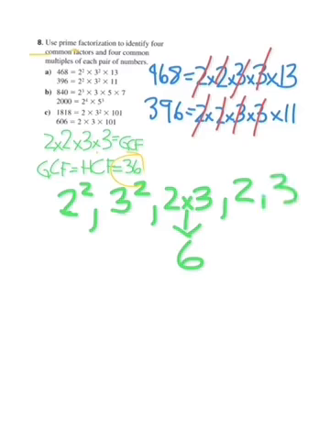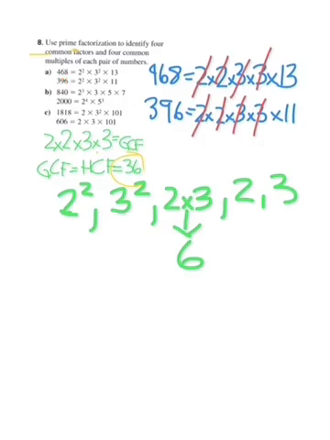And when we're done with the factors, we're going to find the multiples. The easiest way to find multiples with this type of numbers, and I mean big numbers that you don't see right away, and here we have 468 and 396.